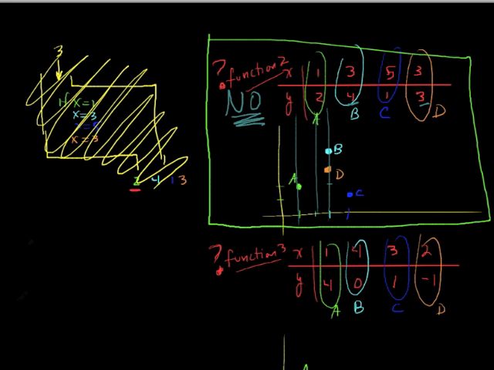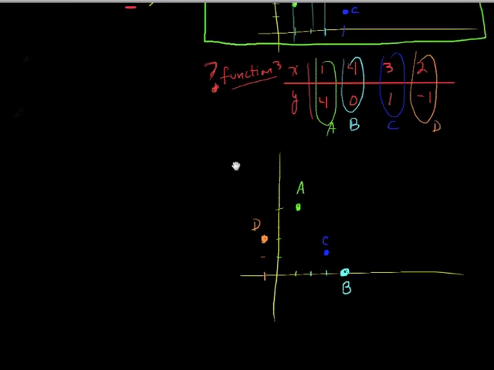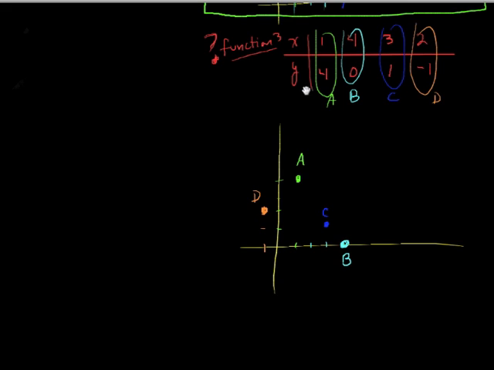Okay, what about the next one? What about this function right here? Well, this function is okay because it passes the vertical line test, and there's also the idea of the horizontal line test, which is very similar to the vertical line test.